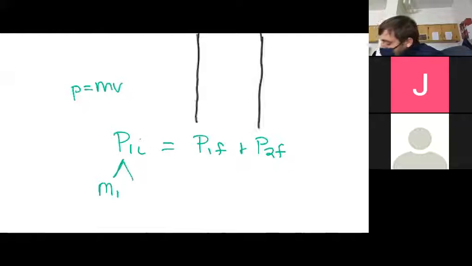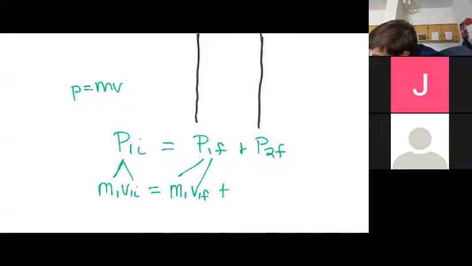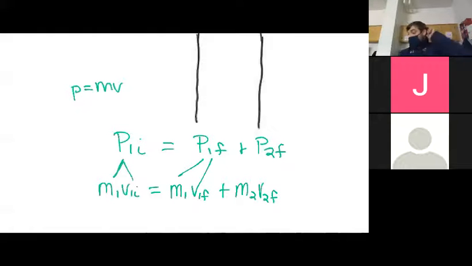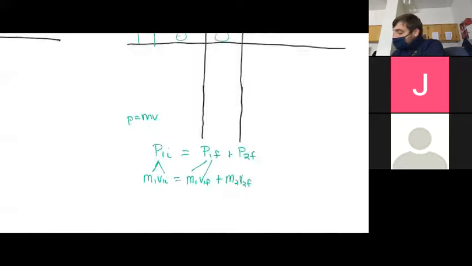So initial momentum of object 1, I need to take the mass of object 1 times the initial velocity of object 1 equals the final momentum of object 1 gets split up into the mass of object 1 times the final velocity of object 1. And then the momentum of object 2 gets split up between the mass of object 2 times the final velocity of object 2. And then I have something I can really work with.